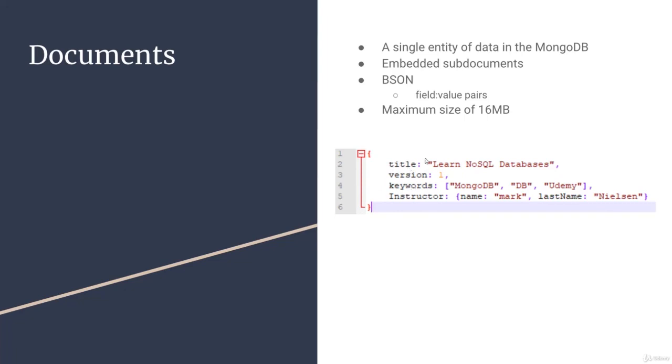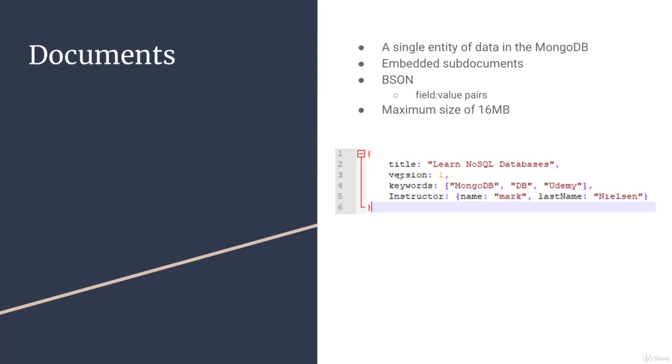So we have the title, and then we have the value of that key, and then we have a version, we have keywords, and as you see right here, we have another object within this main object, because that is actually possible in a NoSQL database.